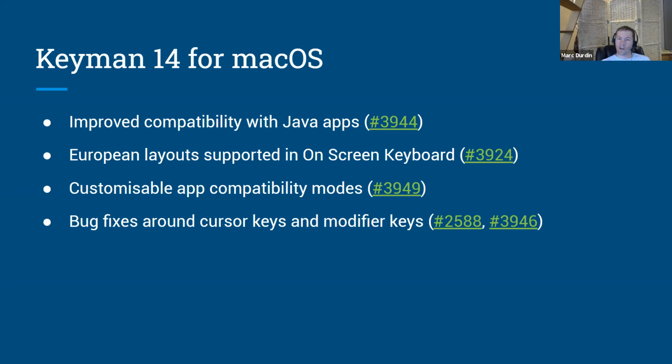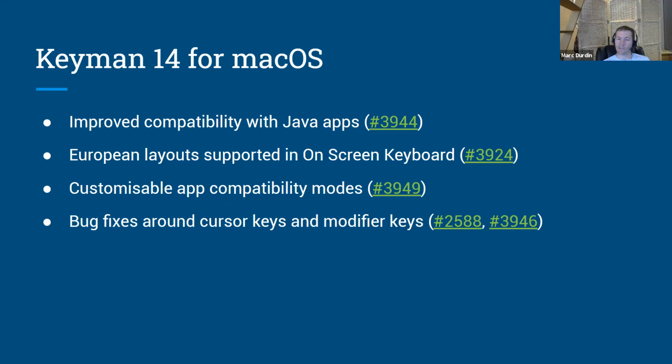Because on macOS we have legacy applications which use some old styles of getting keyboard input, and we have modern applications which use the Apple recommended way of getting keyboard input, sometimes we can't tell which applications are which.